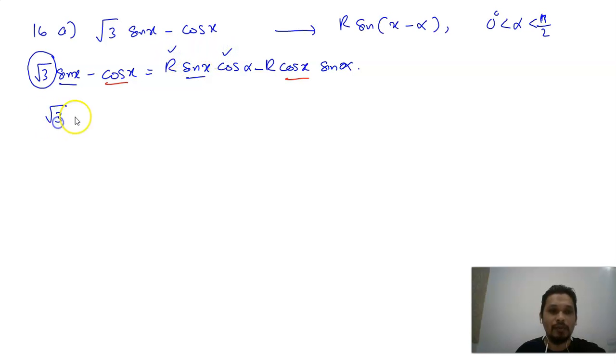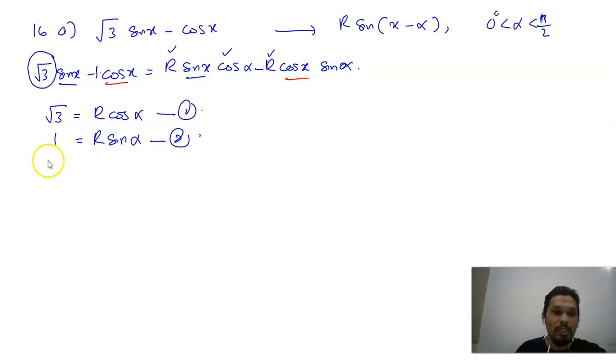So square root of 3 equals r cos alpha. Let's name it equation 1. And what about this one here now? Do you find any numbers here? In this case, we consider this as a 1. And 1 equals, compared with this one here now, r sine alpha, equation 2.